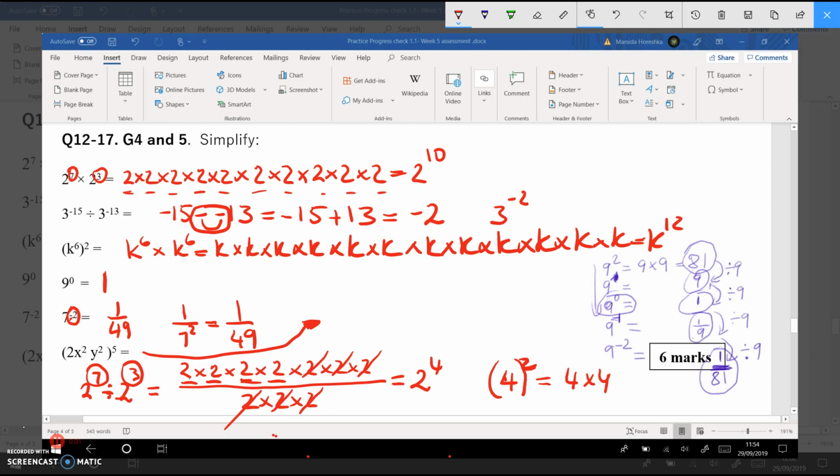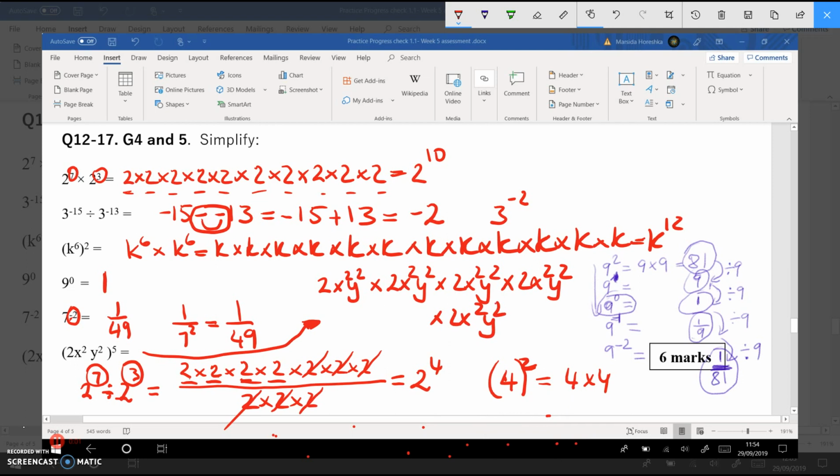And the final one, we've got 2 times x squared y squared, all to the power of 5. So again, this means the same as writing 2x squared y squared times 2x squared y squared times 2x squared y squared times 2x squared y squared times 2x squared y squared.